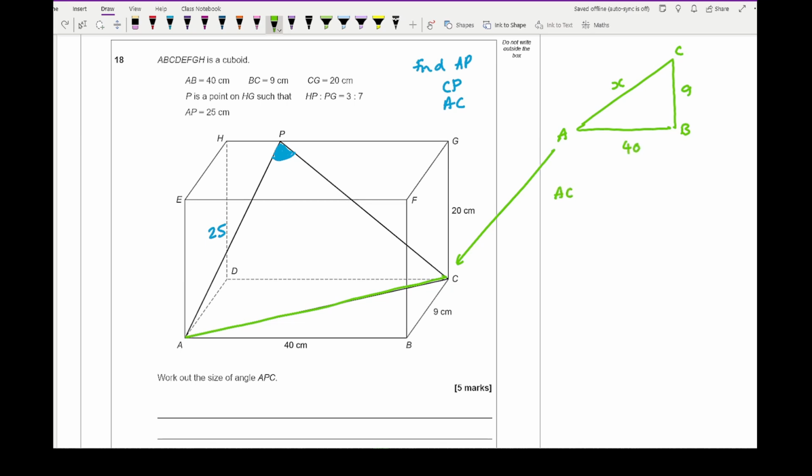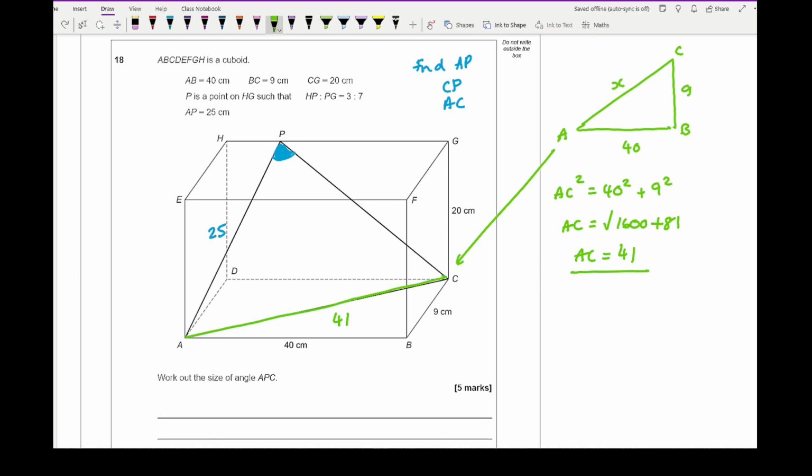So AC squared equals 40 squared plus 9 squared. So AC is going to equal the square root of 40 squared plus 9 squared. That's 1600 plus 81. So AC on the calculator gives me an answer of 41. So this length here is 41.